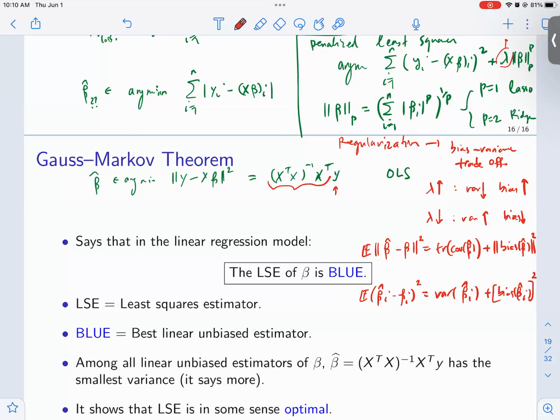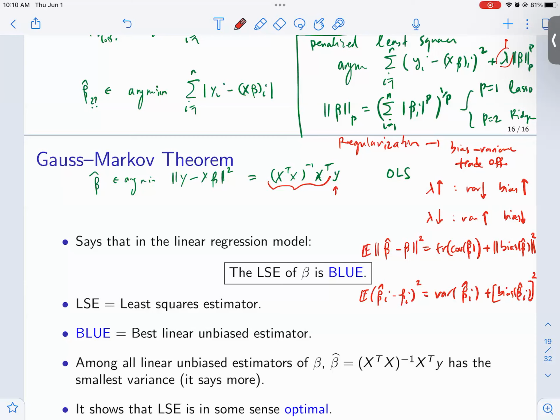I could have a different kind of matrix here. It applies to Y, gives me a different estimator. Among all possible matrices, let's say, among all possible linear estimators that are unbiased, OLS gives me the best variance, the smallest variance. Best means the smallest variance, because we are working with unbiased estimators, we only care about the variance.